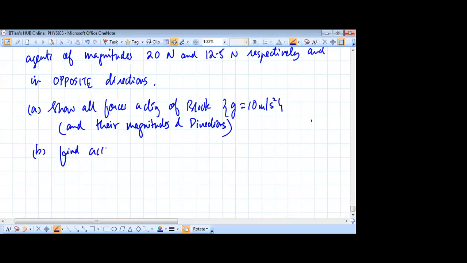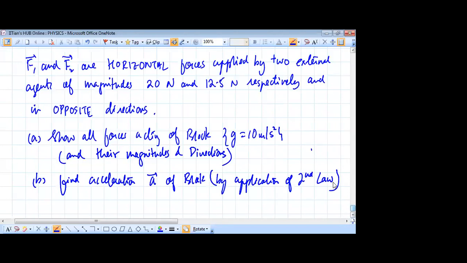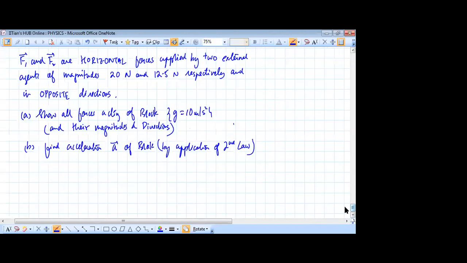Find the acceleration of the block by application of Newton's second law. Okay, so just work this question out quickly.